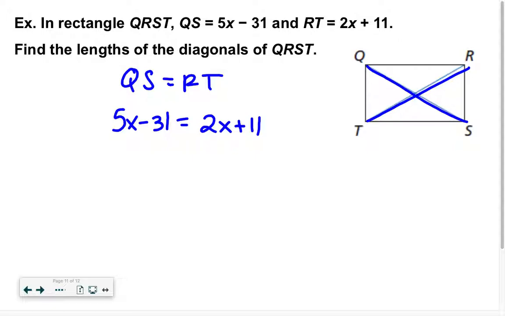Find the x, plug it back in to find the length of each diagonal. They should be the exact same.